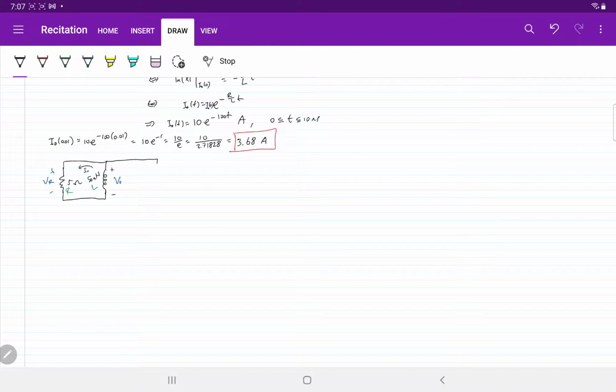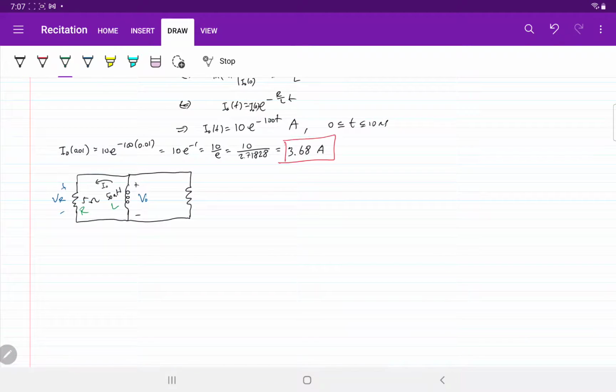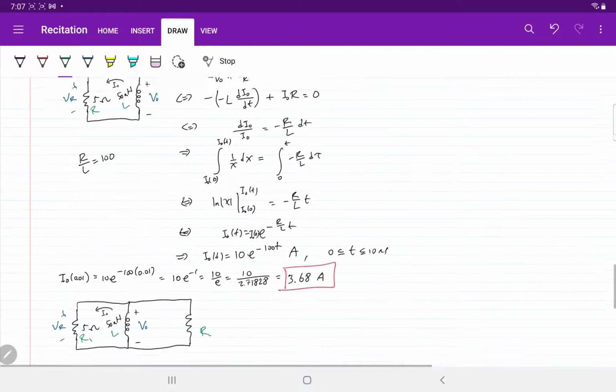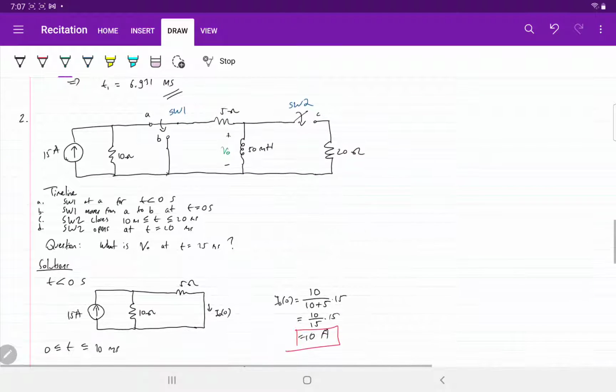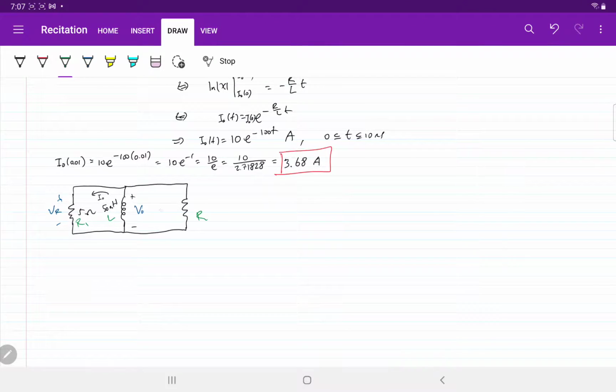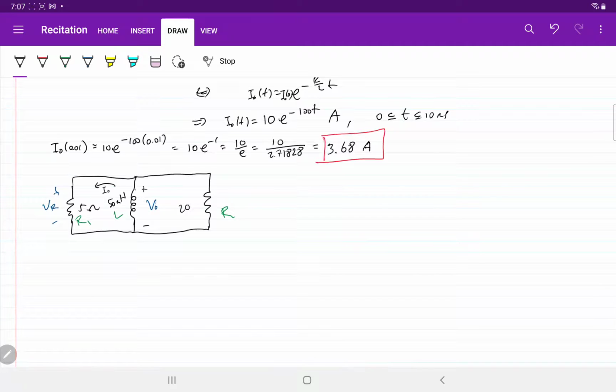So I add another resistor there. Let's call it R1, this R2, and the resistance is 20 ohms.